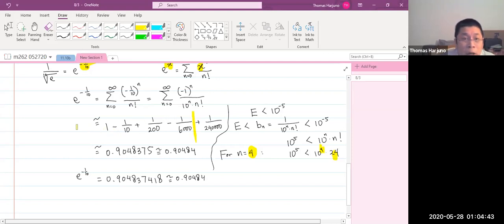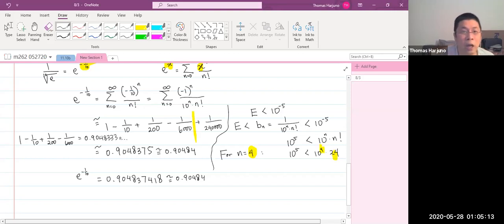If I go only 3 terms, I don't need 4 terms. For an alternating series, that's the error, which means I just need to go to n equals 3, and that gives me 0.9048333.